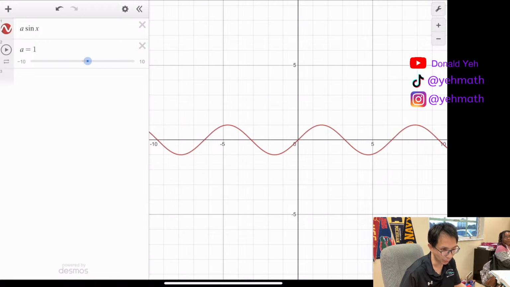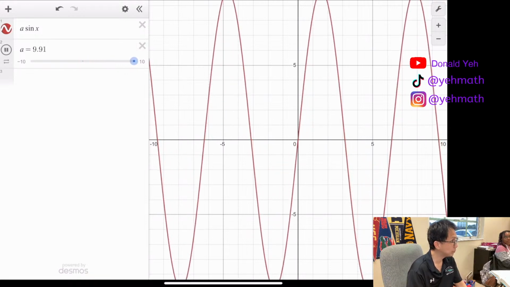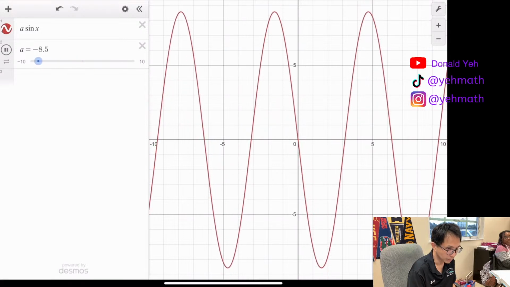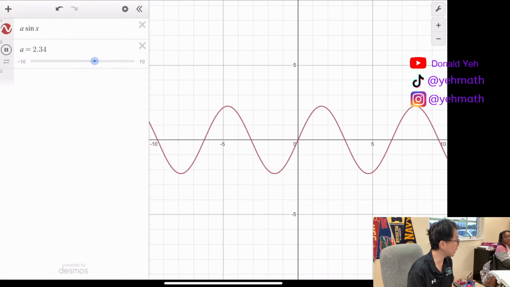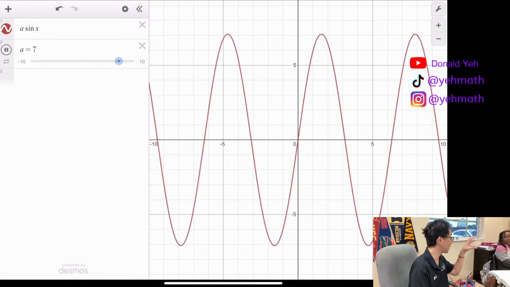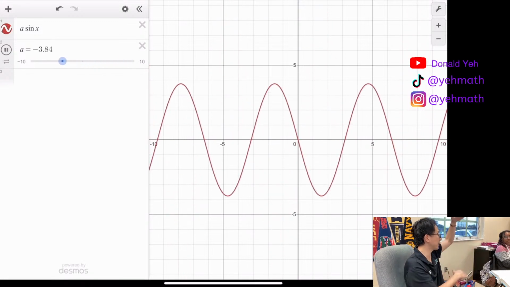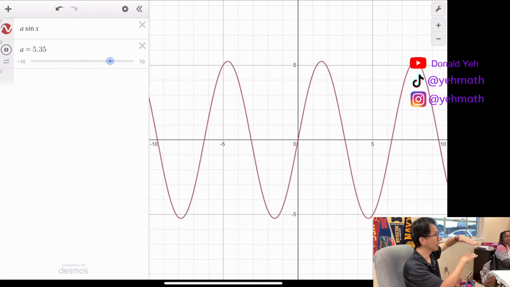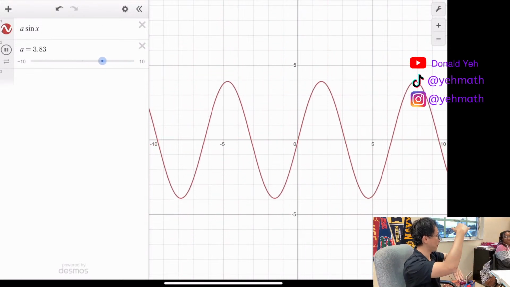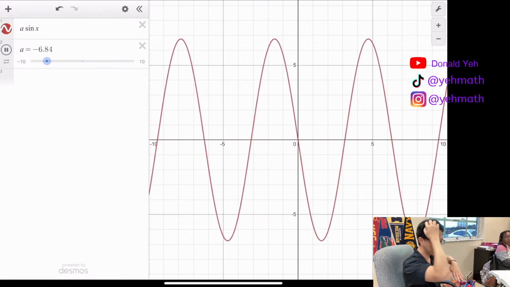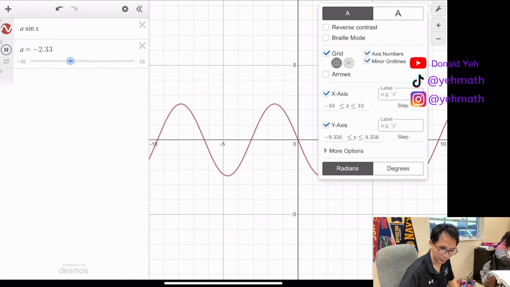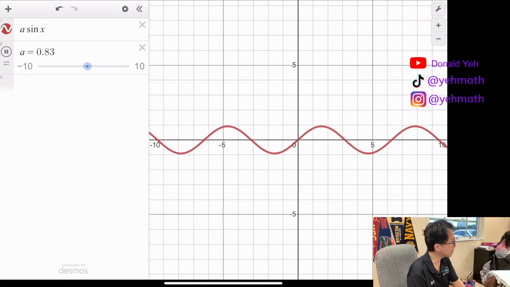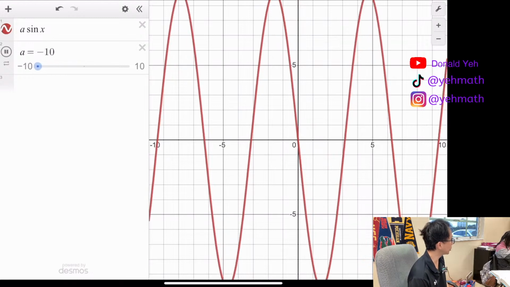This is really cool. This is what a sine graph does. The a value in the front increases the amplitude. It goes up, comes down. If a is negative, it's going to flip over. Does that make sense? Can you guys see?